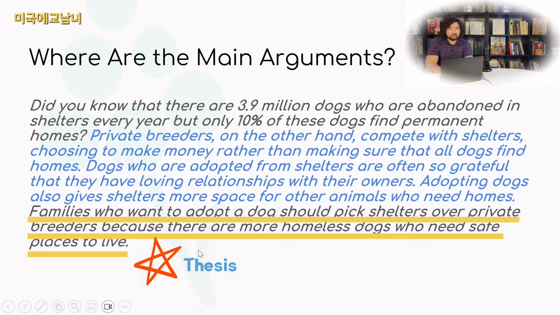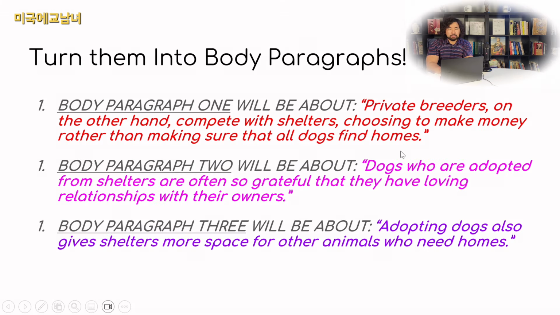Again, this is the introduction. Each main argument can turn into one body paragraph. Now we have 3 main arguments, which means we can create 3 body paragraphs. That's how you can develop from the introduction, background details especially, and turn them into each paragraph for the body.